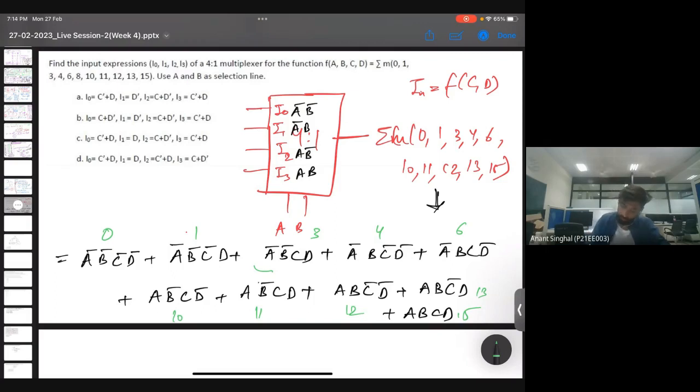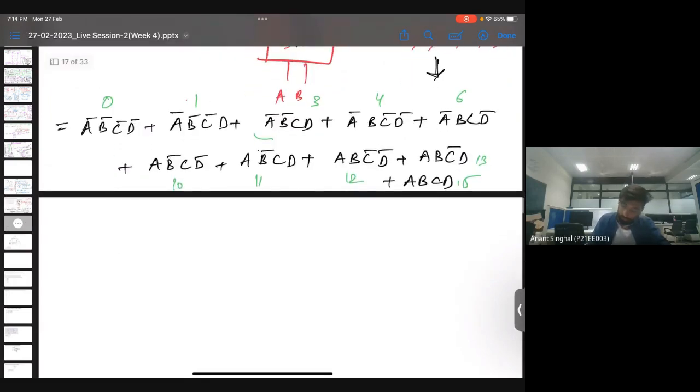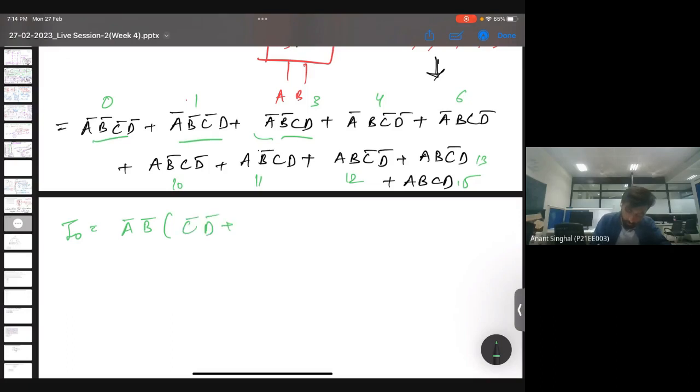Okay, so now I'll try to solve it. So for a bar, b bar, we'll try to collect the terms. So let's suppose I naught, we have a bar, b bar already. So this term, and this term has a bar, b bar. So this is c bar, d bar plus c bar, d plus c d.